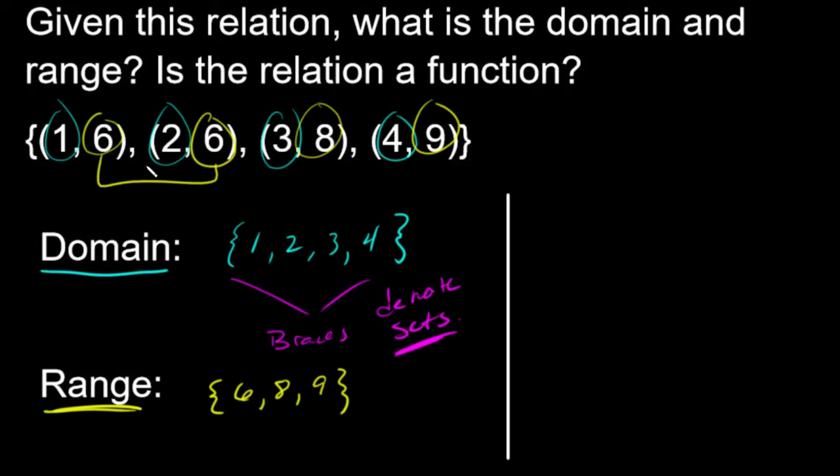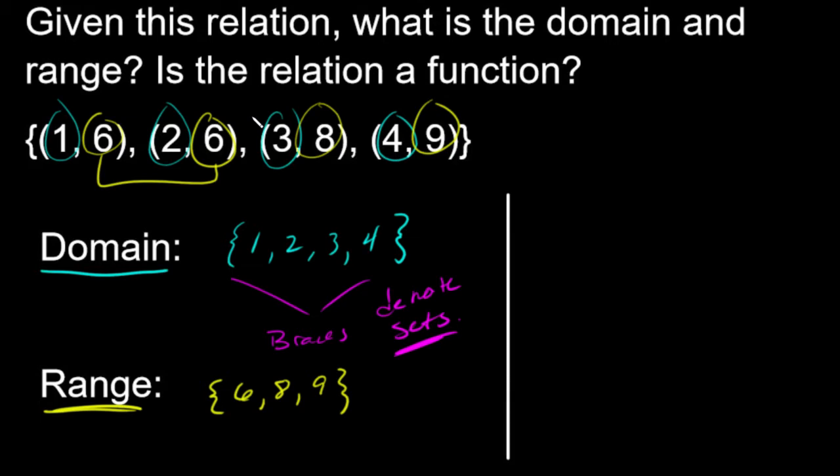Now you might be thinking, well, Mr. Dybel, how is this a function? 6 is used twice. And yes, that's true. But the y values can be repeated by the definition of functions, okay? Don't complain to me that it doesn't make sense. It's just by the definition, right?